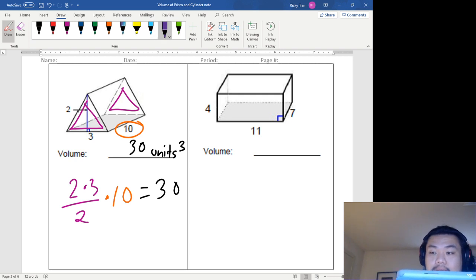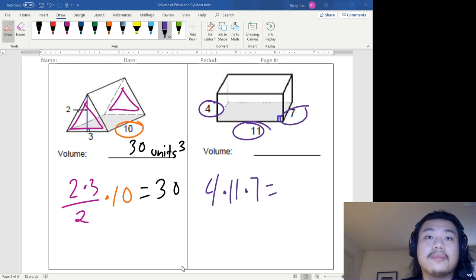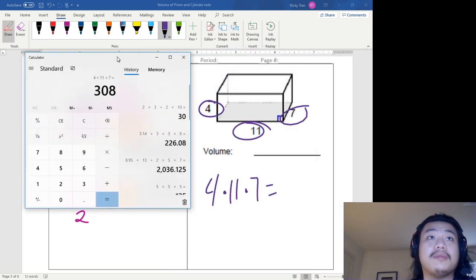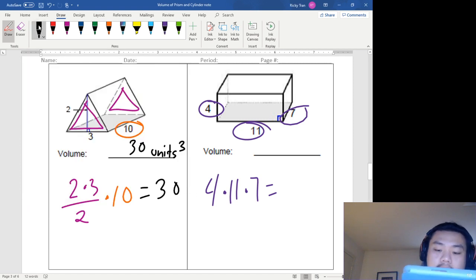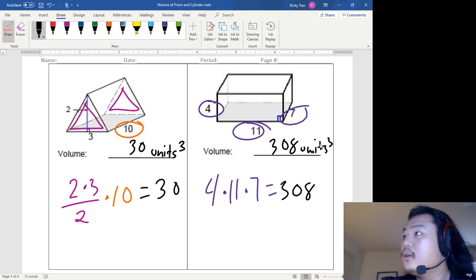For rectangles, again, length times width times height. 4 times 11 times 7. Boom, 308. Easy. Units cubed. Okay? Super easy.